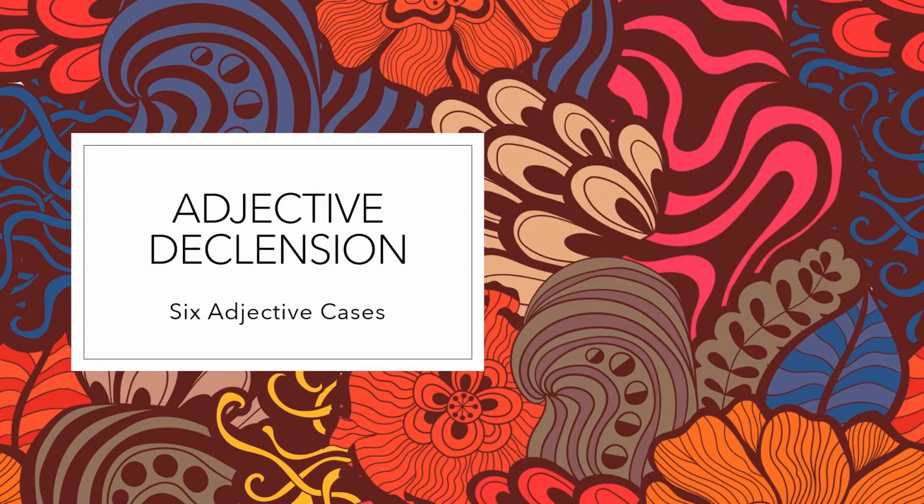Now, that is it for this video. So if you've made it this far, give yourself a huge pat on the back. That is an enormous accomplishment, more so than for my other videos, because this one went over 6 adjective cases. That is a lot of information. I really hope you didn't watch it all in one sitting, because if this topic is new for you, you're not going to remember anything if you try to learn it all at once.